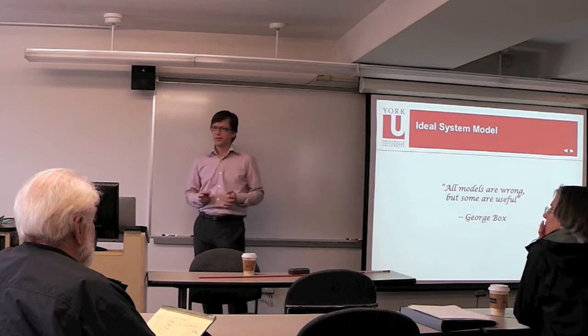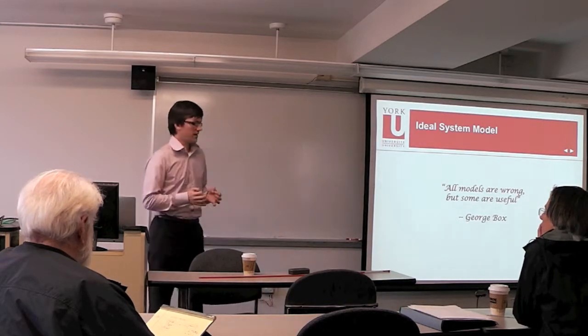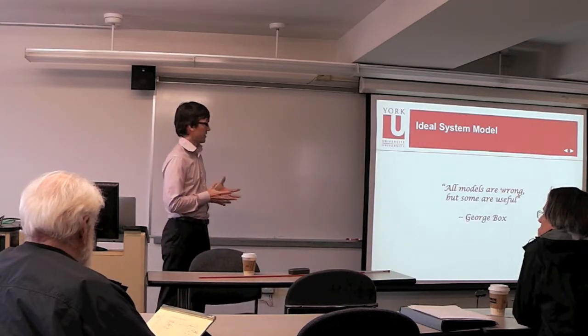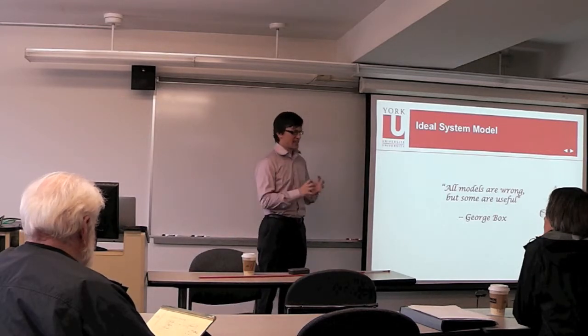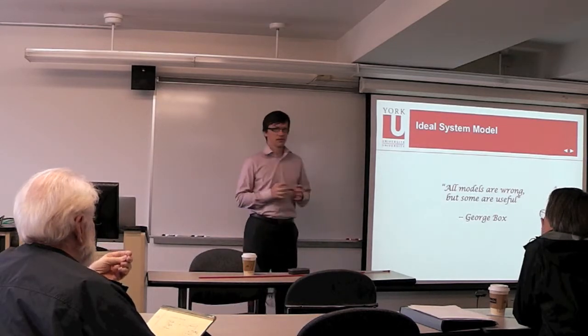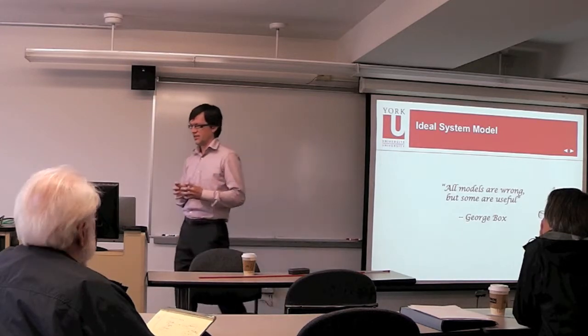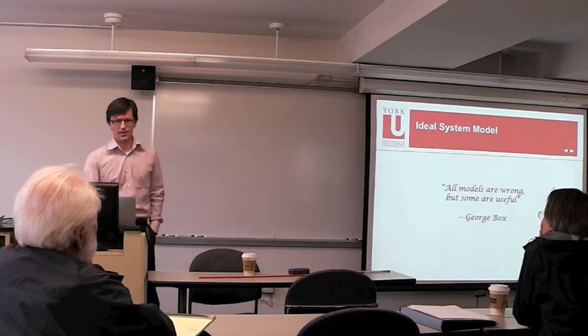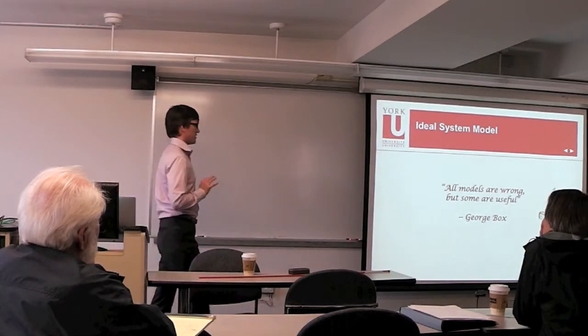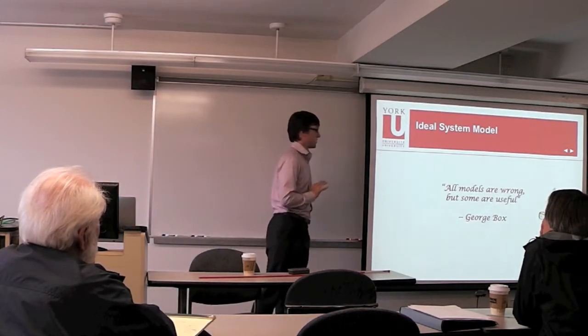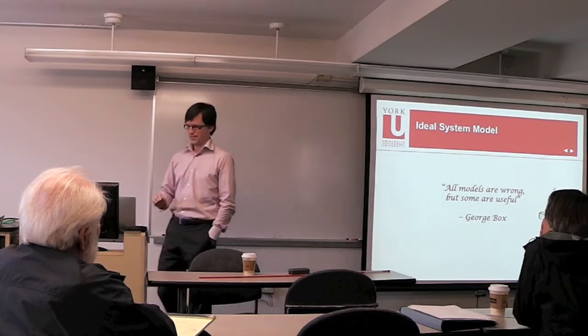So what I'm going to do is take this communication system that we've been talking about and try to boil it down to the most simple possible arrangement so that I can actually say something about it mathematically. While I say this, it's important to keep the following in mind. All models are wrong, but some are useful.